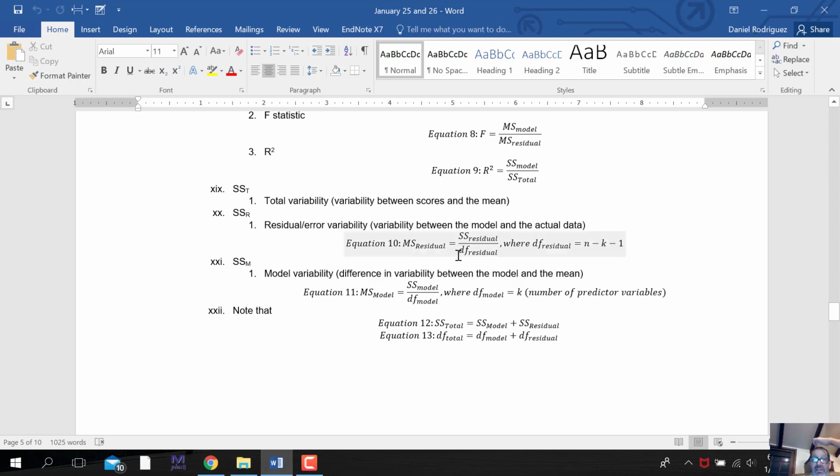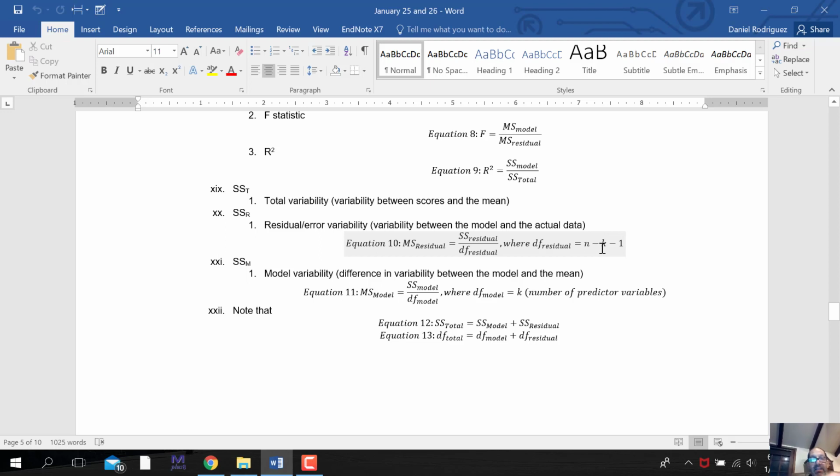The mean square residual is the sum of square residuals divided by its degrees of freedom, where the degrees of freedom are n minus k minus 1, and k is the number of predictor variables in the model. This is a lot like what you saw in ANOVA, where k was the number of groups.